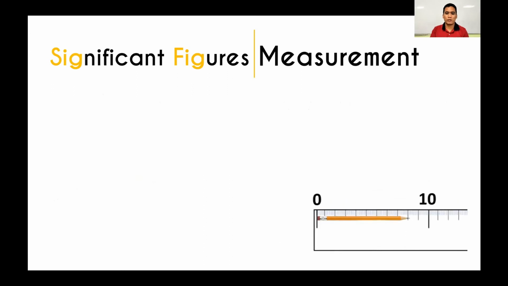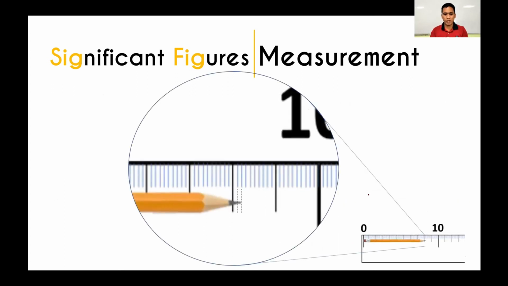Okay? So, another example. This one is more specific because it is calibrated by 0.1, or in tenths. So, decimal place tenths, it is calibrated in 0.1.